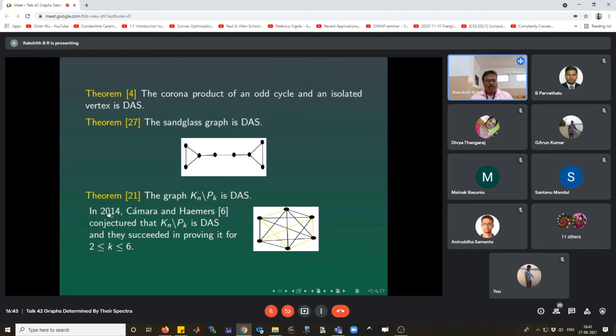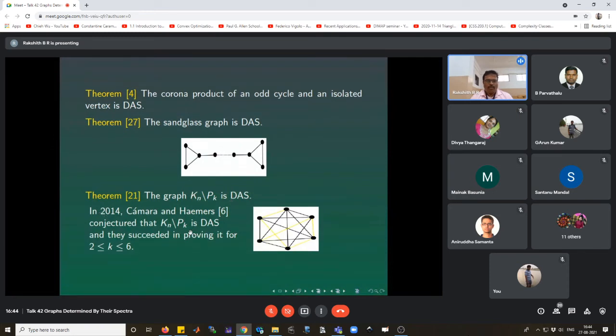In 2014, it was conjectured that this graph, the complete graph obtained by removing a path, is determined by the adjacency spectrum, and very recently the conjecture has been proved positively. If you consider a complete graph and remove any path of order k, the remaining graph is also determined by the adjacency spectrum.